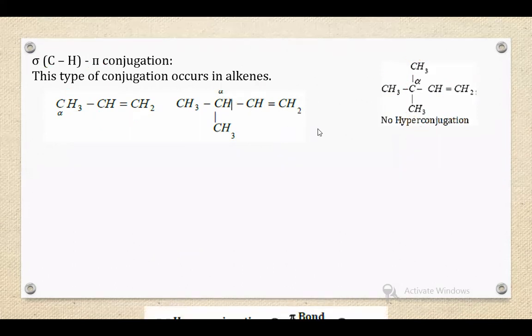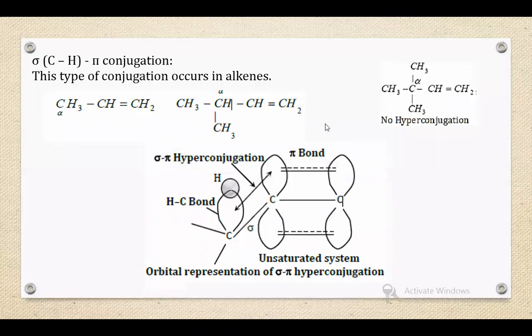If you write the structure, in this carbon there will be a p orbital. So why is this hydrogen held? Because of the p orbital: one is in a sigma bond, and another is a delocalized electron. That is sigma-pi hyperconjugation. There should be an unshared p orbital to show this in the compound.